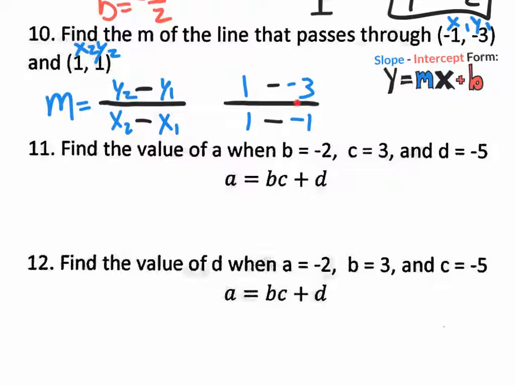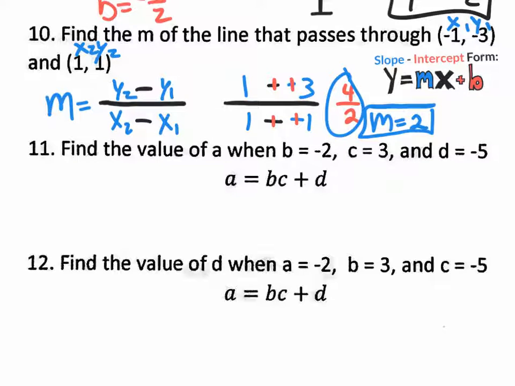I start with the division and the subtraction so you could see the minus minus very clearly, which will remind you to change it to a plus plus. Plus plus, and of course do the math. 1 plus 3 is 4, 1 plus 1 is 2, so your slope is 4 over 2, and 4 divided by 2 is 2. That's your answer for this problem.